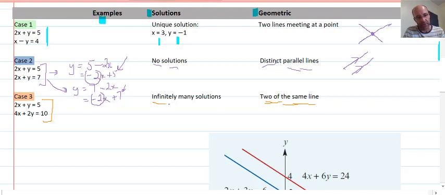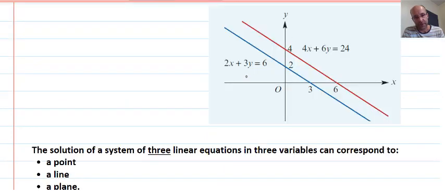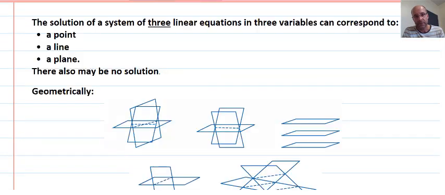That means they're touching at all points, and so there are infinitely many solutions. This is a particular example of the second case, where we have parallel lines, and we could rearrange it into the gradient intercept form and see that they're lines of the same gradient, but one's been translated vertically compared to the other, or in other words, their intercepts are the only difference.